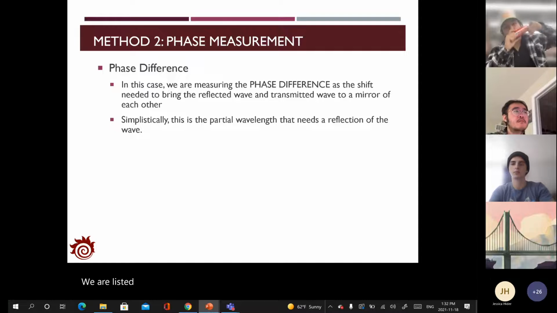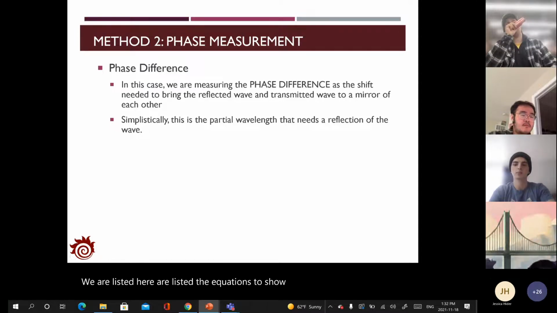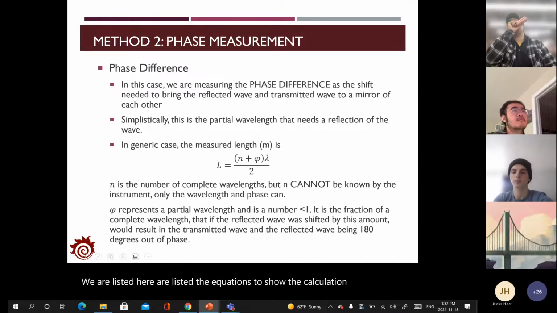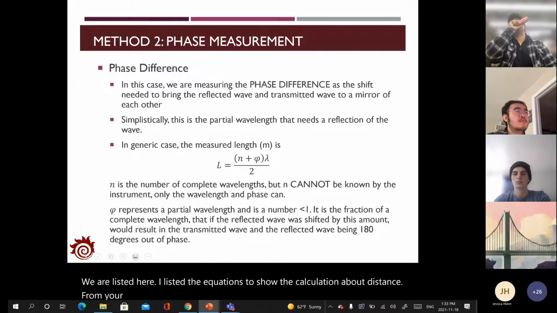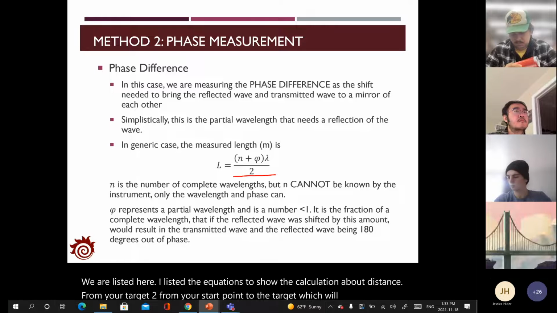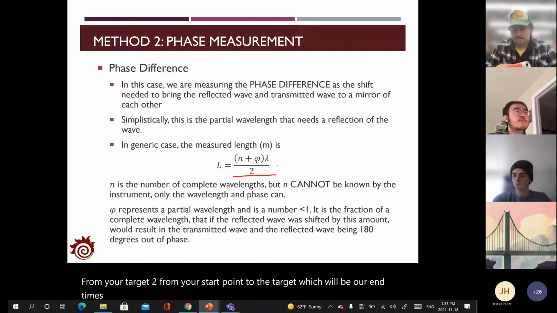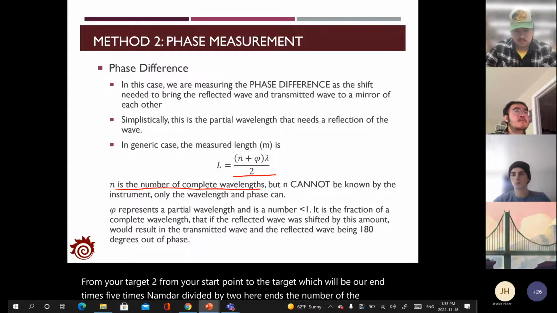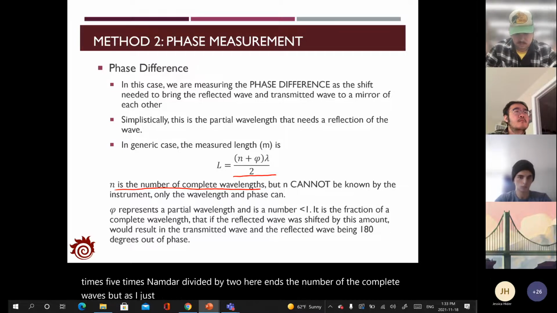I listed the equation for calculating the distance from your start point to the target, which will be (n plus phi) times lambda divided by 2. Here, n is the number of complete waves, but as I just explained, it cannot be counted because we don't know how many waves are in between.